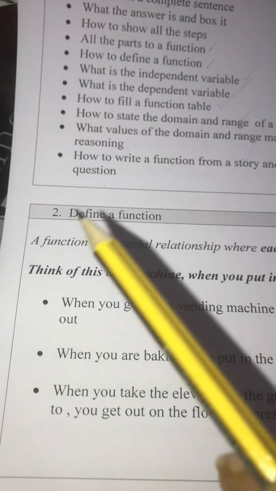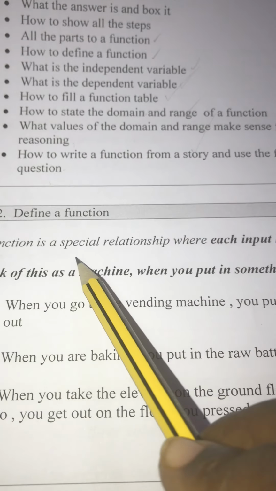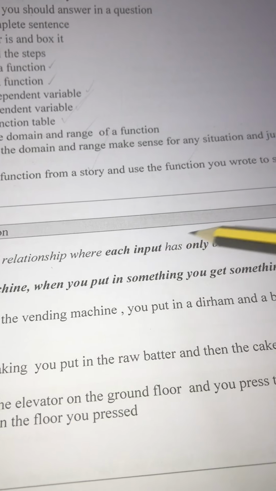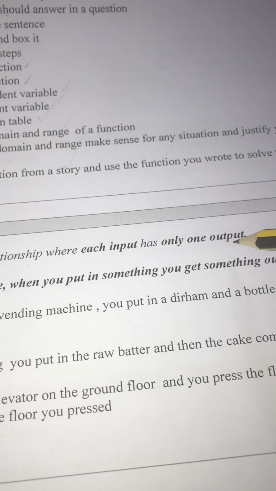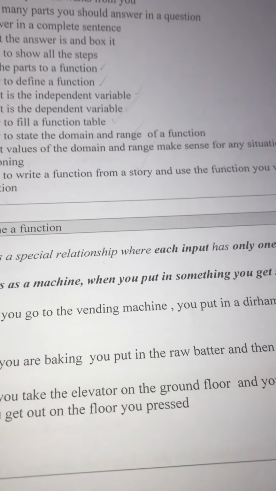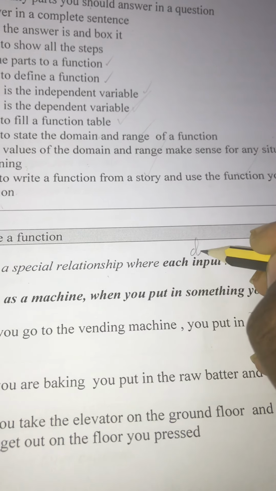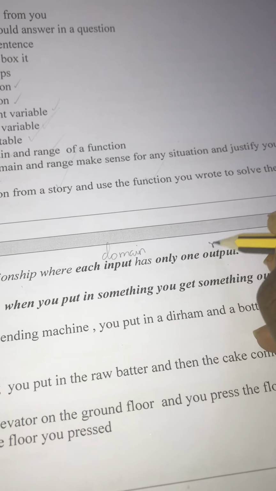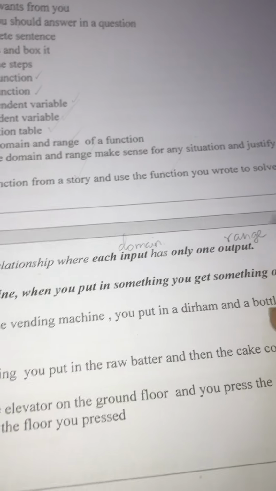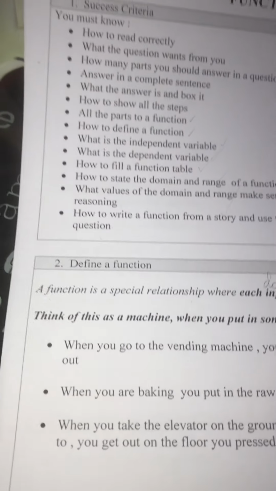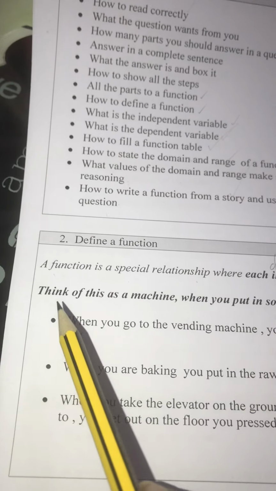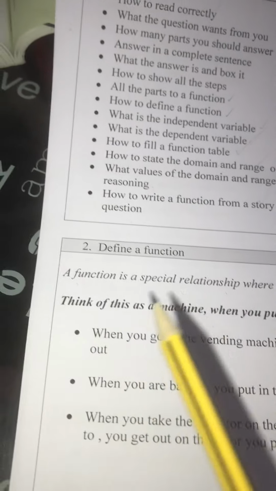All right. A function is a special relationship where each input has only one output, where each domain has only one range. That is how you define a function. Simple as that. Think of a function as a machine.